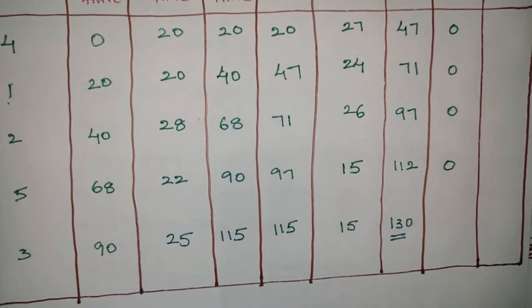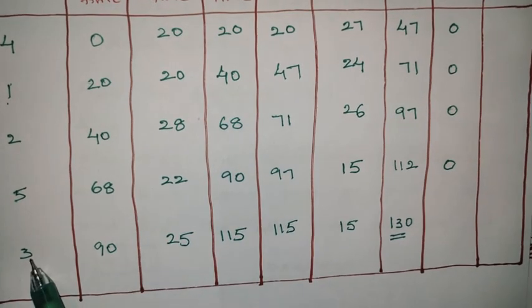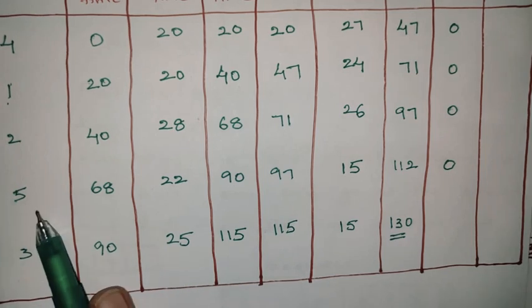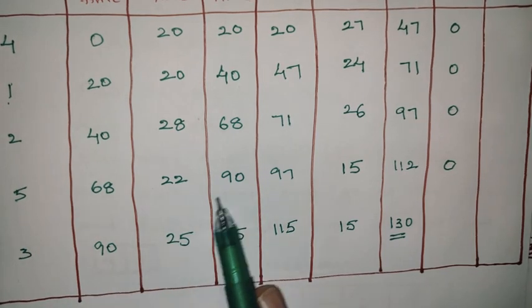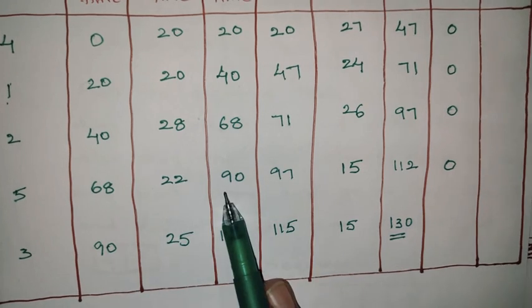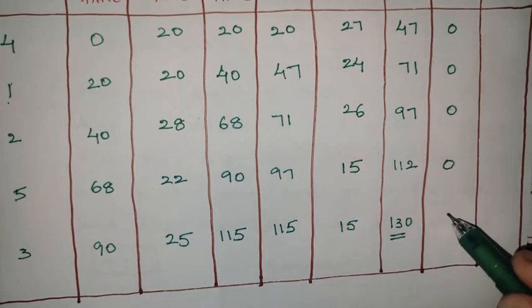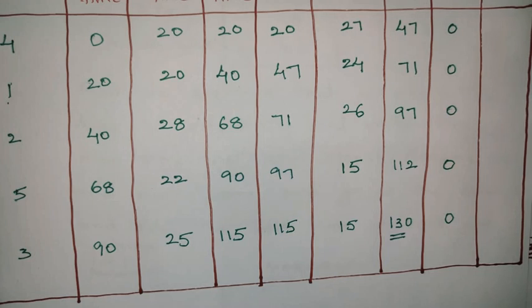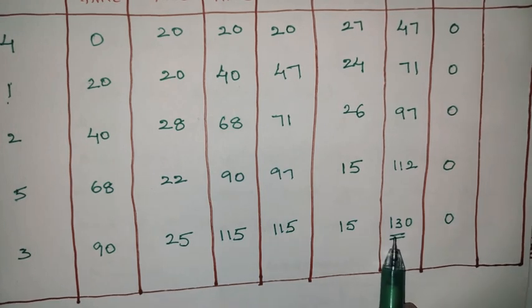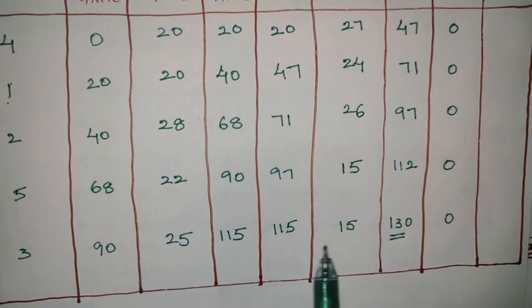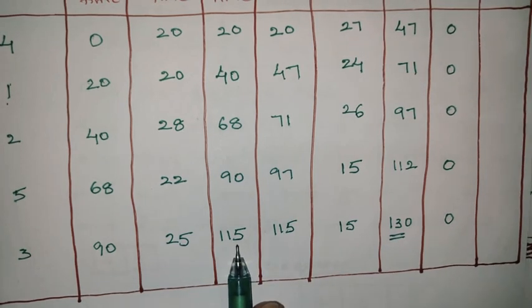And next, the third floor repair work was started at the 90th hour, and the end time of the fifth floor is also the 90th hour. There is no time gap, so the idle time is 0. But in order to complete the two processes, it takes 130 hours of time, while the repair work is completed by the 115th hour.